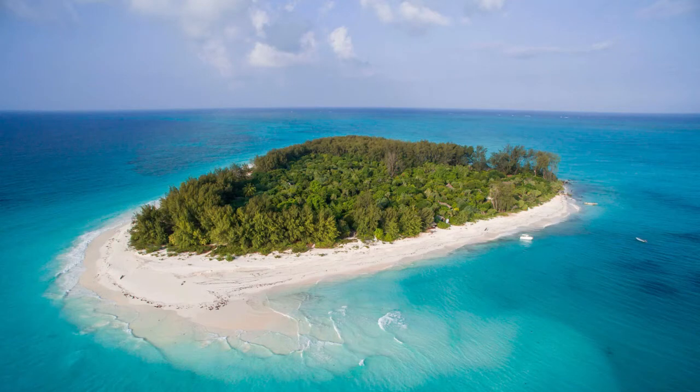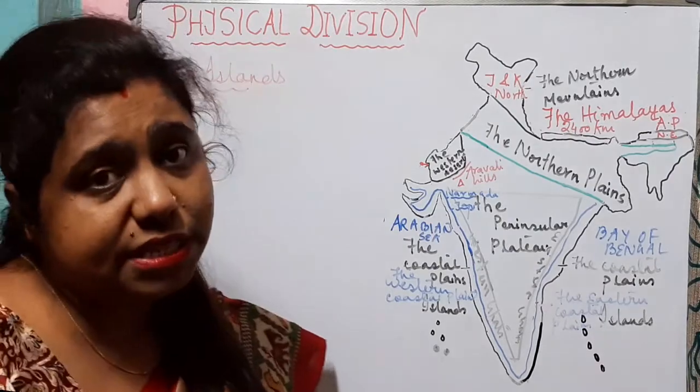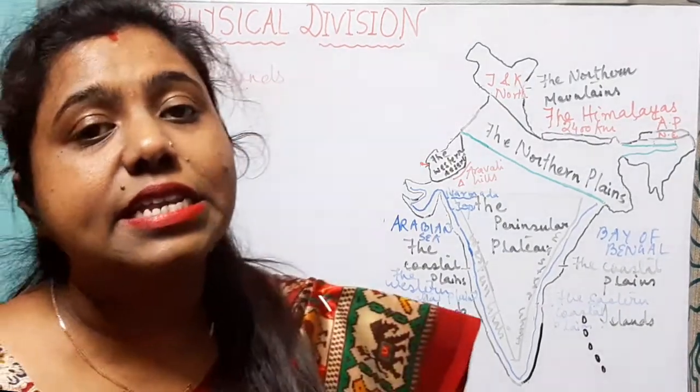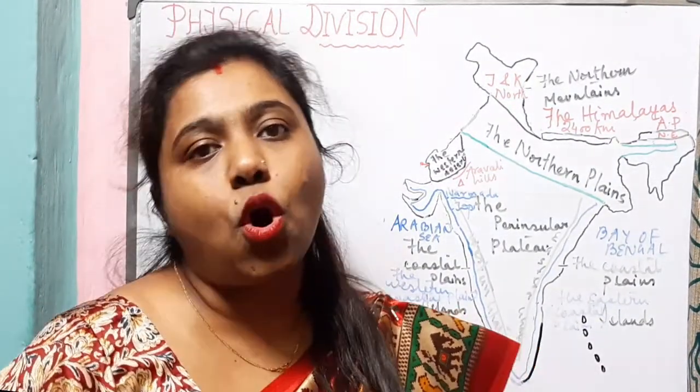There are many islands in the Bay of Bengal and the Arabian Sea which are near the Indian mainland and they are part of India.